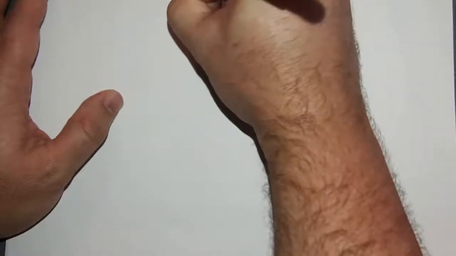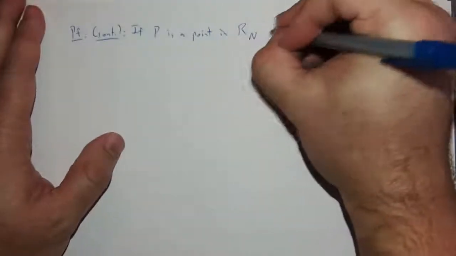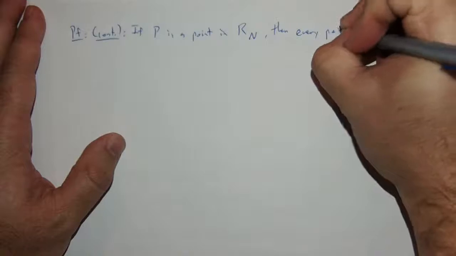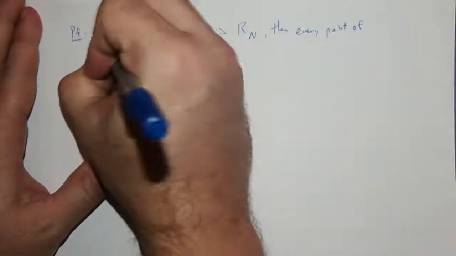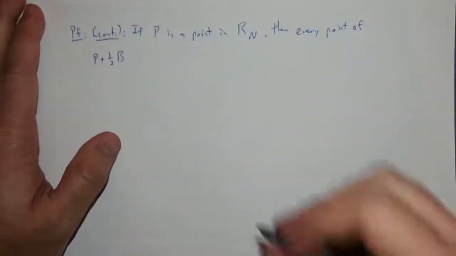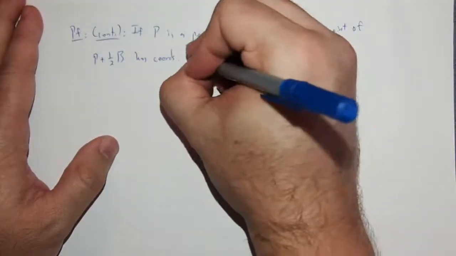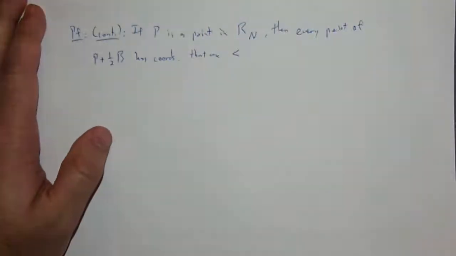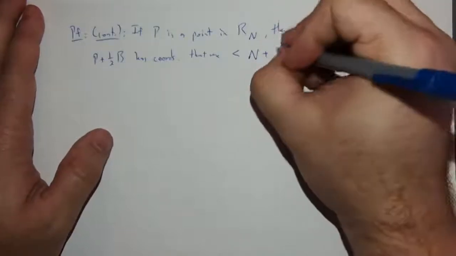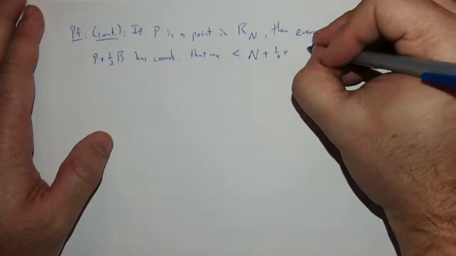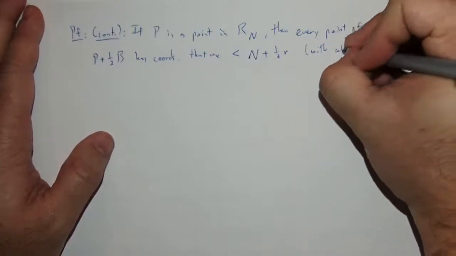Now, if P is a point in this big box, big R sub n, then every point of P plus 1/2 B has coordinates that are less than n plus 1/2 r in absolute value.